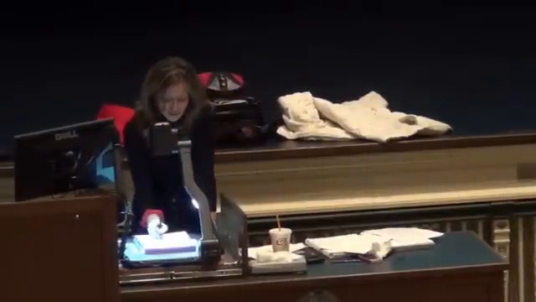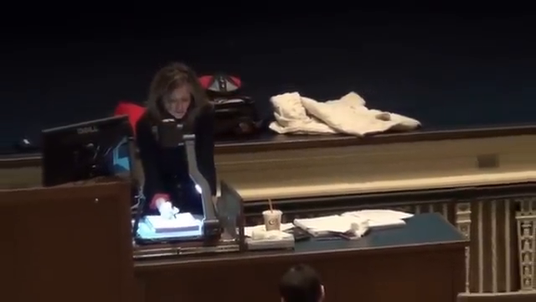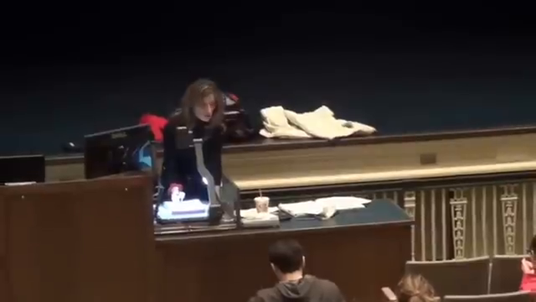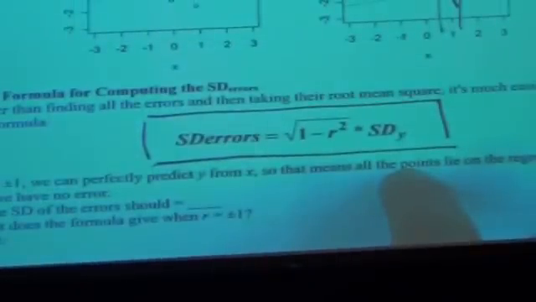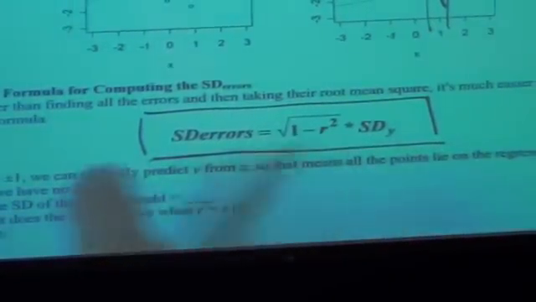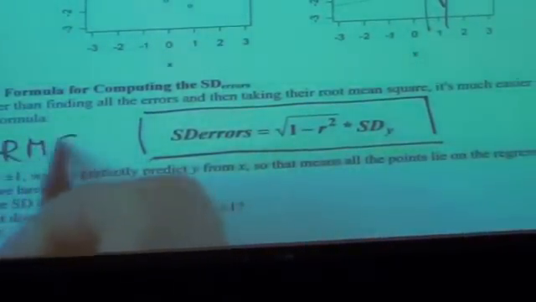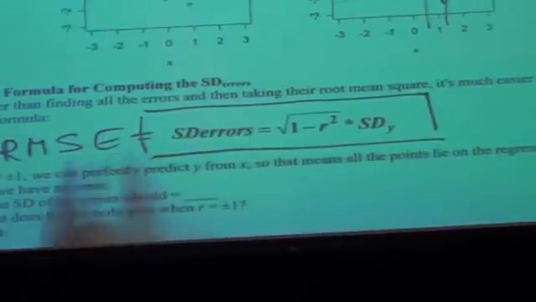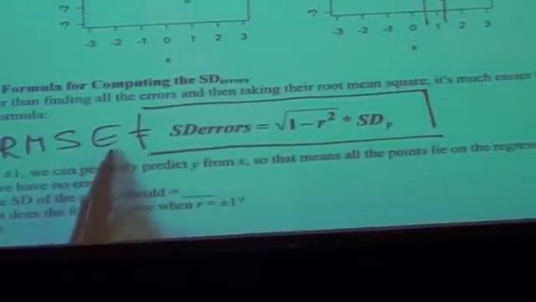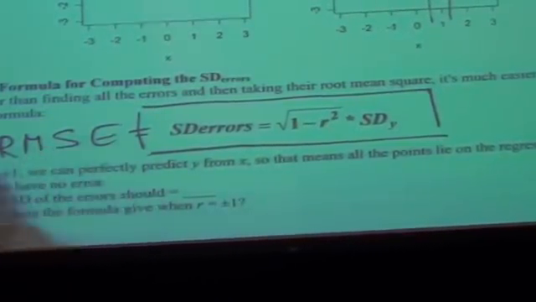It would take us forever. But luckily, we have this handy formula you'll love, because you can do this so fast. This formula computes the standard deviation of those errors. It computes the root mean square of all the errors without you having to square them. Calculate the errors, square them, take their mean, and take their root.